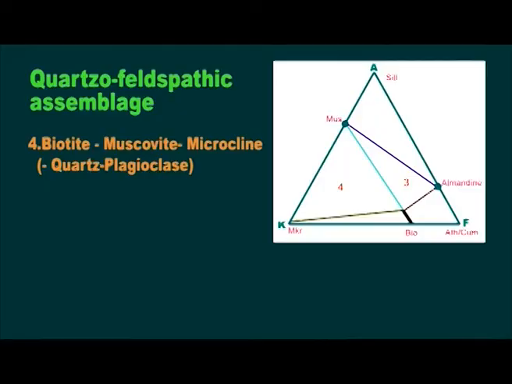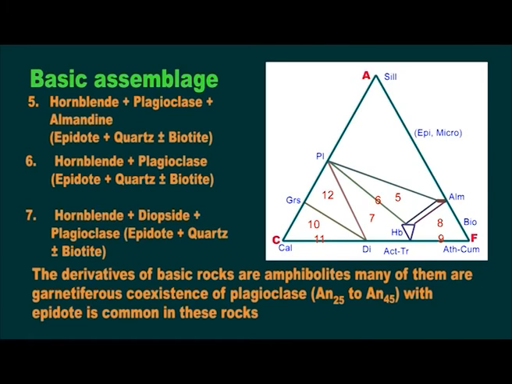Quartzo-feldspathic assemblages. Number 4, biotite, muscovite, microcline with plagioclase and plus or minus quartz. Basic assemblages. Number 5, hornblende, plagioclase, almandine with epidote plus or minus biotite plus or minus quartz.